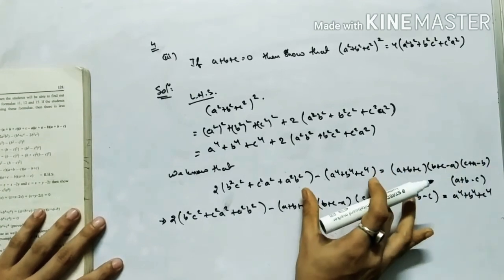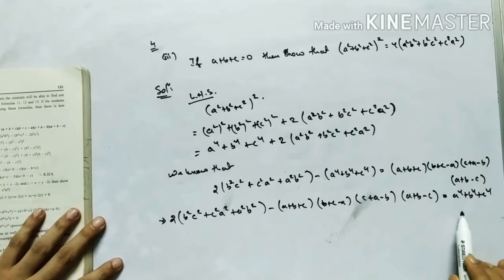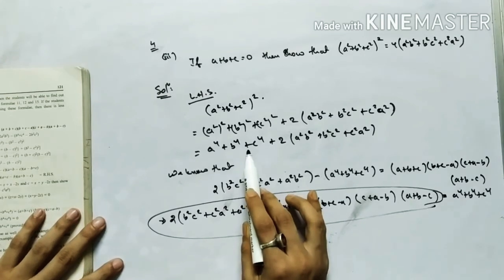Okay, this whole thing I brought to the left hand side, and this one I sent to the right hand side. So you see, the a4 plus b4 plus c4 value I got, it is this one. Now this value I will put in here.